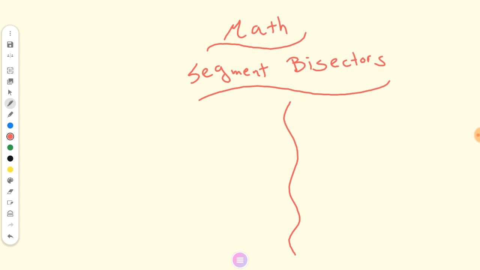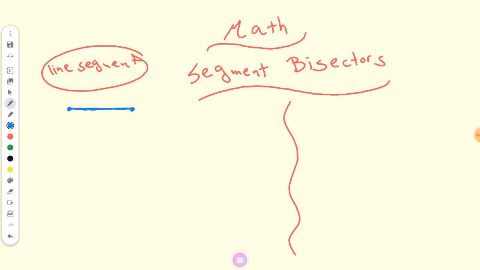We have the line segment. The line segment has a starting point and an ending point. For example, AB: A is the starting point and B the ending point. Or I can say B is the starting point and A the ending point. It's the same.